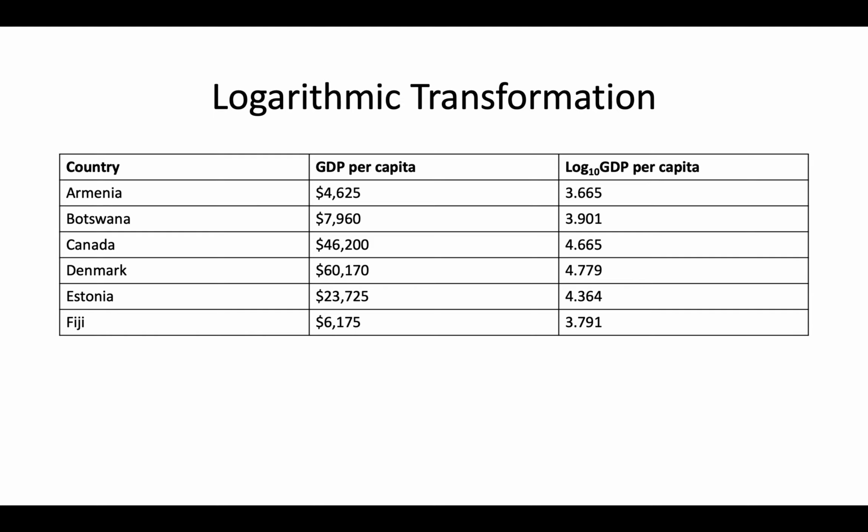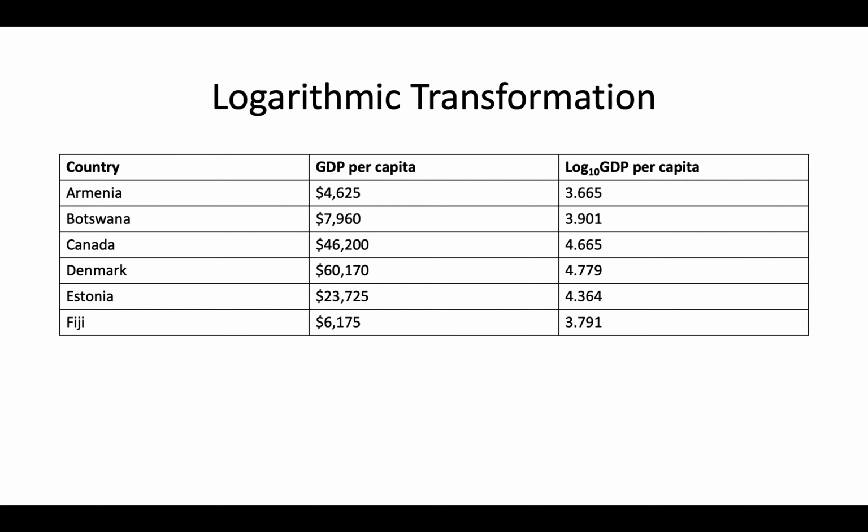The sample table of countries around the world, measured by gross domestic product per capita, shows what happens when we log measures with a wide range of values. I just randomly went through the alphabet, found countries, and found GDP per capita measures for them, and created the base 10 logarithm of those GDP per capita measures.